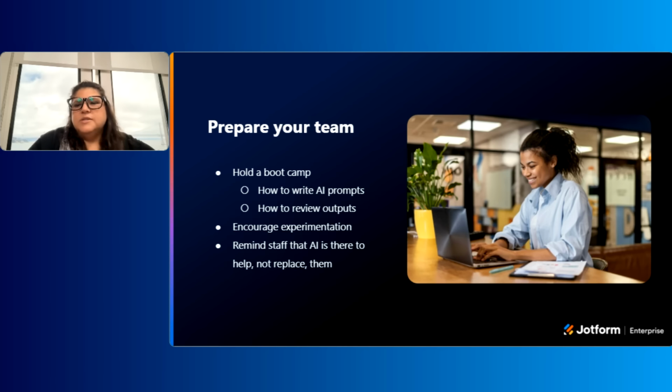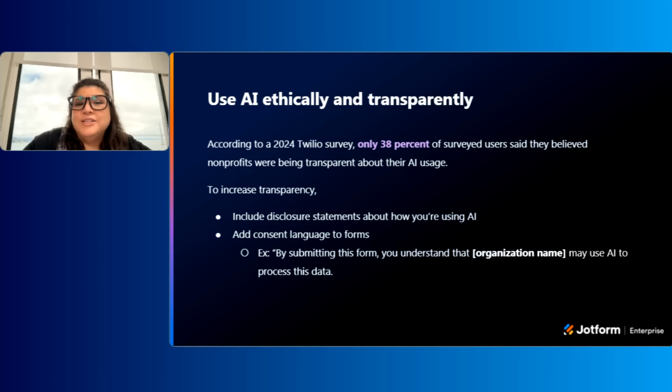Finally, there are also some ethical and additional considerations when it comes to AI. Nonprofits, of course, operate on trust. A lot of times, your donors need to know what you're doing with their money. They need to know that you're using that responsibly, and they want to hear from you as well. So trust is a big piece of what's going on with nonprofits, and it's important to maintain that.